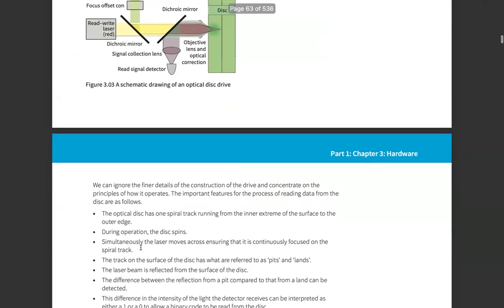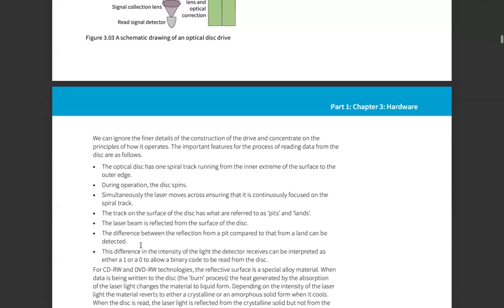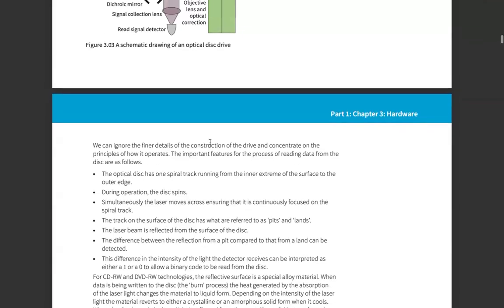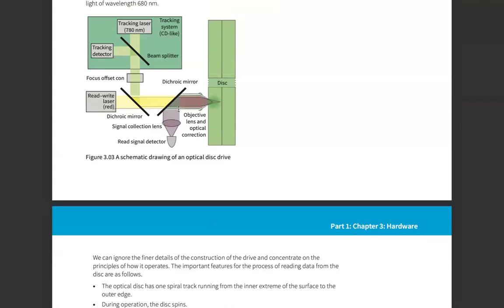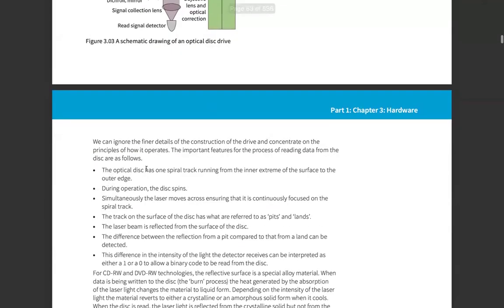First, the optical disc has one spiral track running from the inner extreme of the surface to the outer edge. There is only one spiral track, running from the inside to the outside. During those operations, the disc spins, completely spinning throughout the whole operation.